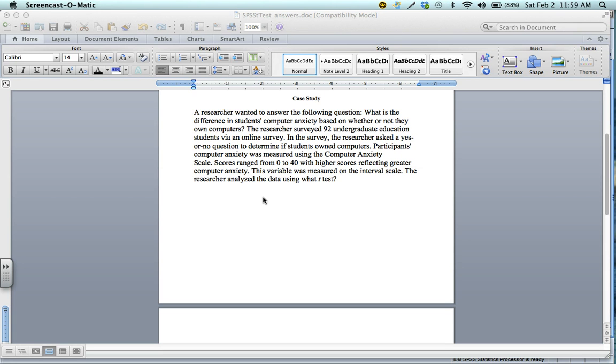Our dependent variable here is the test scores ranging from 0 to 40, so they fit that scale. And the independent variable should have only two discrete levels. Our independent variable here is whether you have a computer or not, and it does meet two levels: either you have a yes or a no. So again, we'll be using the independent sample t-test.